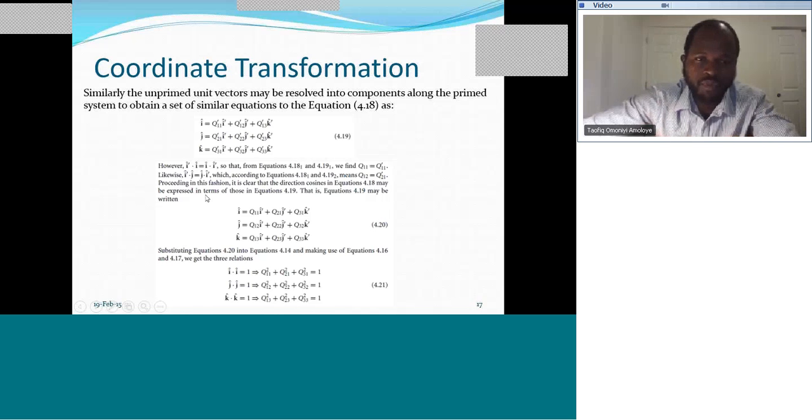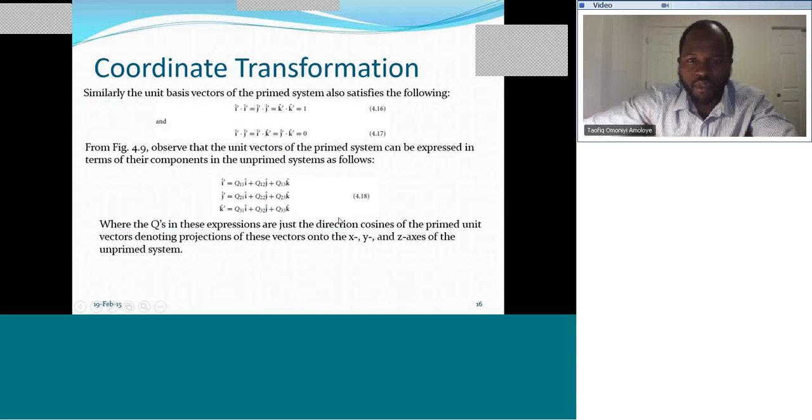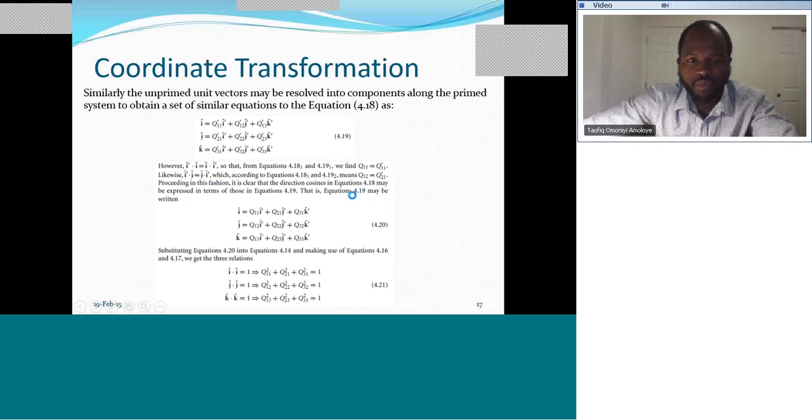If we proceed in that fashion, it will be clear that the cosines in equation 4.18 can be expressed in terms of those in equation 4.19, so that equation 4.19 may be written in the manner it is in equation 4.20. That is, we are expressing the unit vectors in the unprimed system in terms of their projections on the primed system.